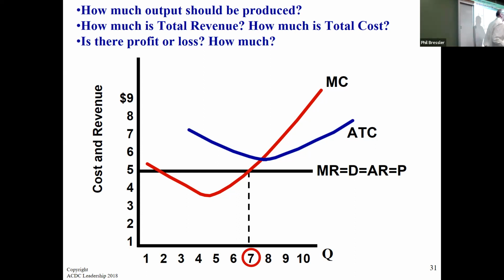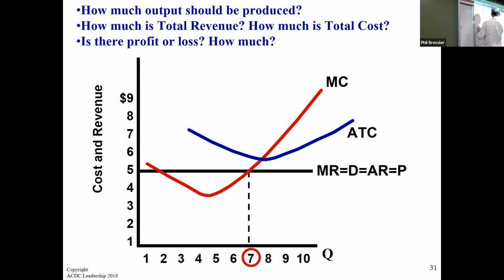MC equals MR at 7. Why wouldn't it be 8? Let's look. At 8, total revenue's 40, and total cost is about 52.